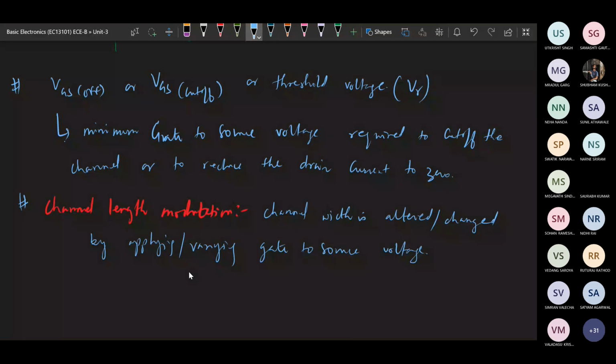So by varying the gate to source voltage, if we change the channel width, that is called channel length modulation.